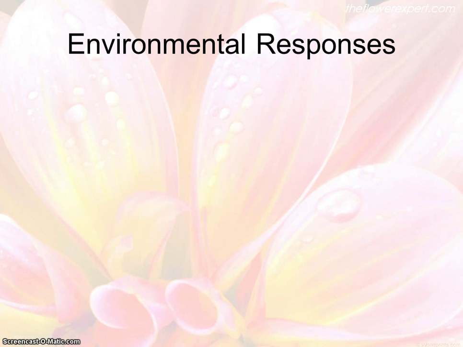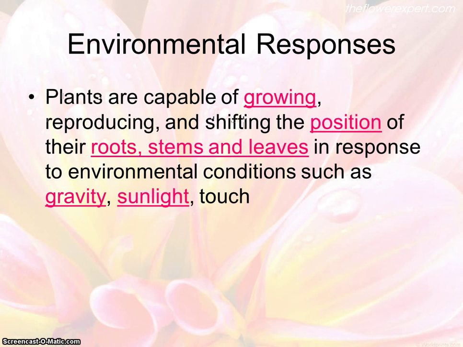Now let's look at, once these hormones are employed, what type of environmental responses are going to have an impact on that. Plants have the ability to alter which way their roots grow, which way the stems grow, what direction. They can shift different parts of the plant in response to environmental conditions that they're exposed to.